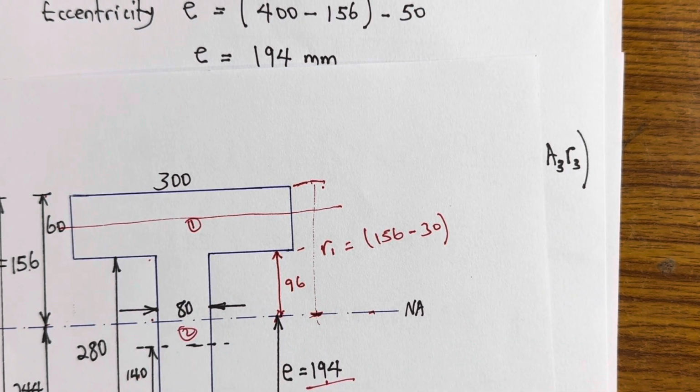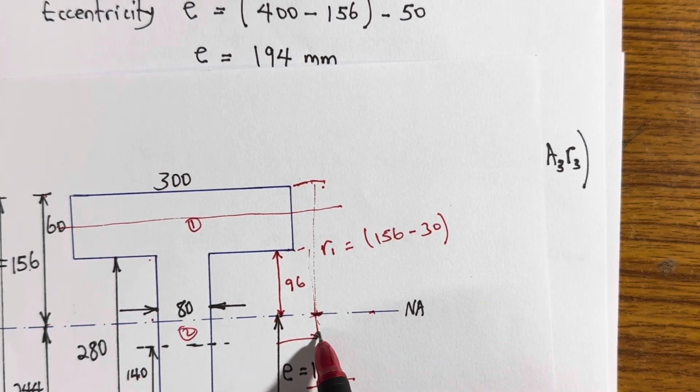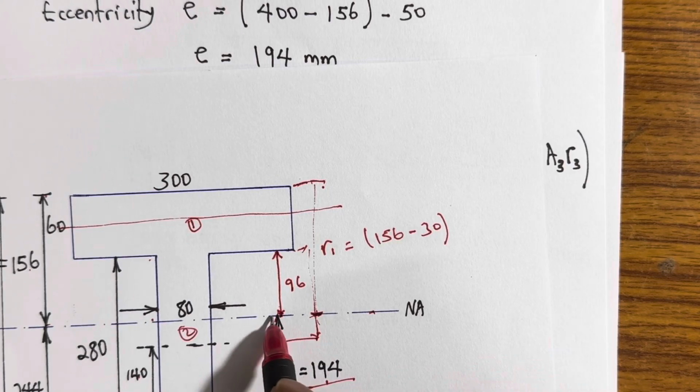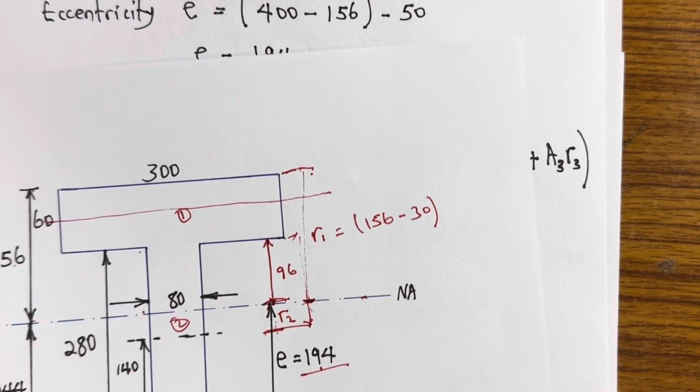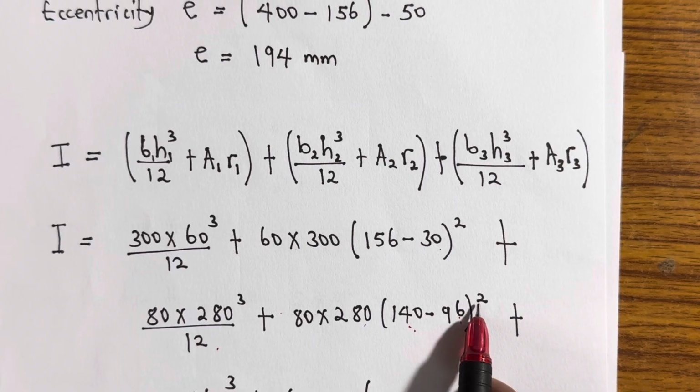So from here to here is 96, but from here to here is 140, half of 280. It means that the distance between these two centroids is what I want. This distance is what I'm calling R2. So that's why I have 140 minus 96, and you square it.